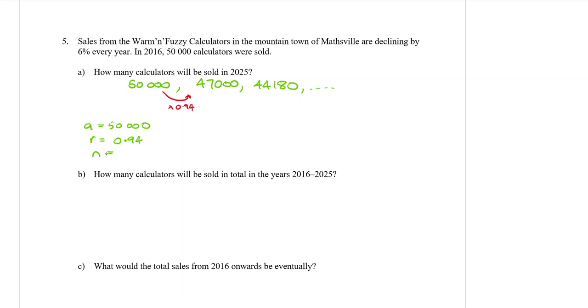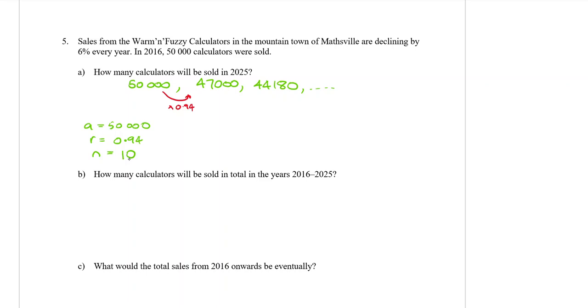Were you sure about that when you said it? Oh, good. It is 10. So it's 2016 to 2025, but it includes the 2016. If you do 25 minus 16, you only get 9, but you have to add on the extra 1 because it's including 2016 and 2025. So yeah, you can count up on your fingers, 10 years.